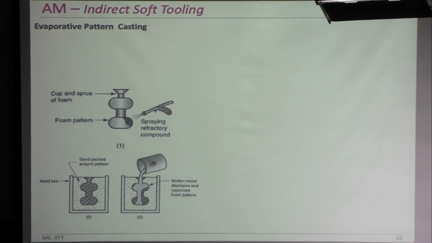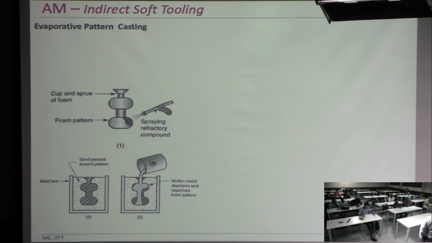The next one is evaporative pattern casting. Here, this is a foam pattern. This foam pattern is additive manufactured, and it is sprayed with the refractory compound, and then we place it within the mold box with the backing material, and then we pour the molten material. As the molten material is poured, the foam evaporates, and the place where it evaporated is filled by the molten material.